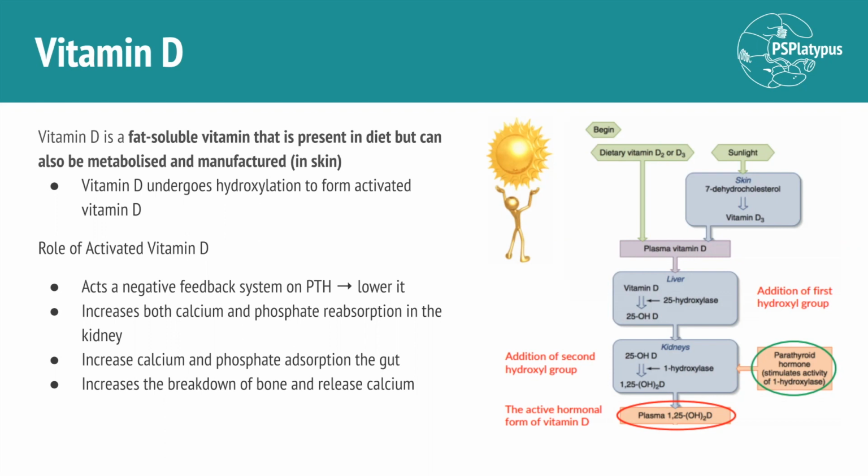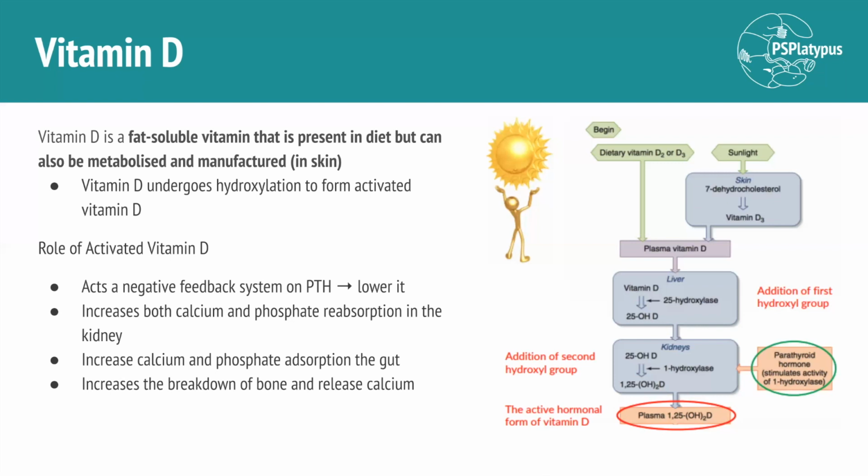This is modulated by PTH, which increases the process occurring in the kidneys, therefore resulting in more active vitamin D. However, vitamin D in itself also acts as a negative feedback system to decrease our parathyroid hormone.